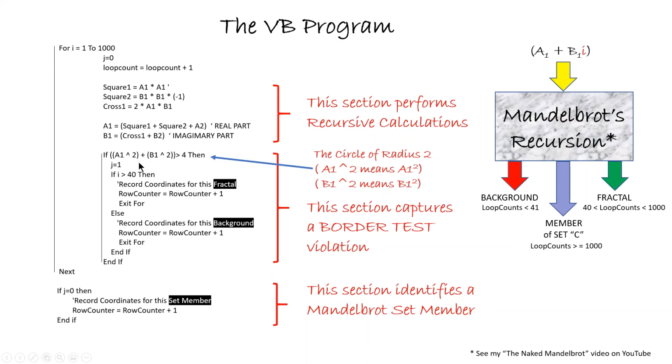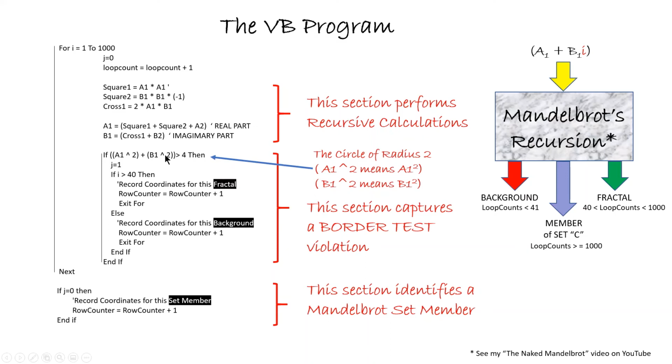Keep in mind that this terminology here is a little confusing, but A1 top hat 2 is the same as saying A1 squared, and that's obviously saying B1 squared.